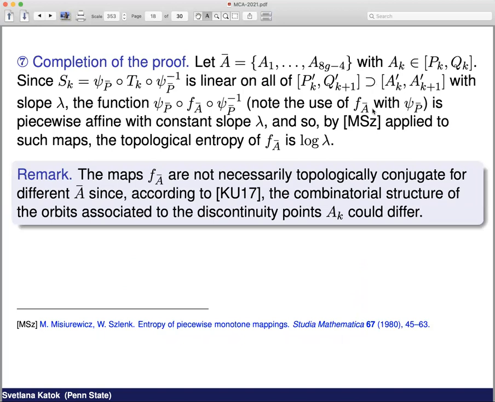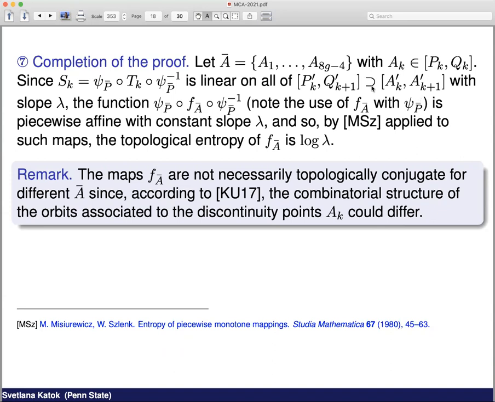Okay, and now what does it give us? Well, it gives us the following. It gives us that if AK is between PK and QK, then SK is actually linear on a bigger interval. This bigger interval contains AK prime and AK plus 1 prime whenever AK are.